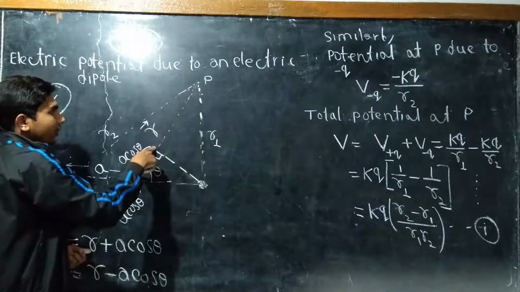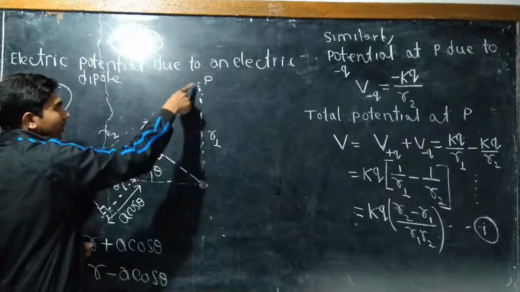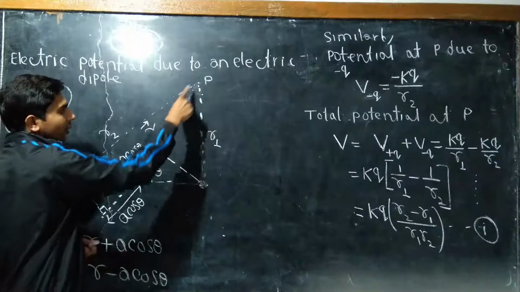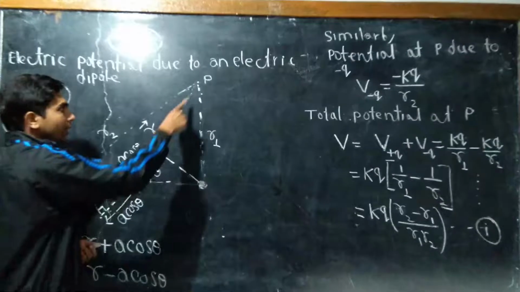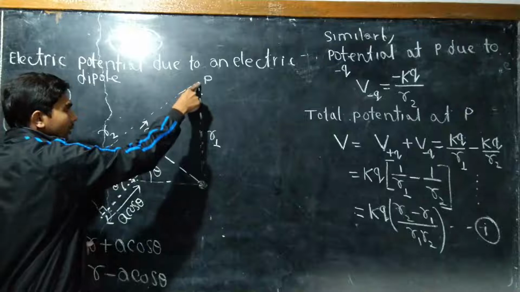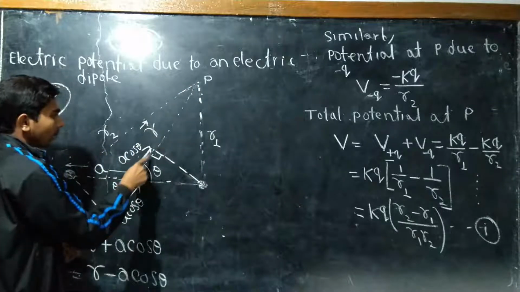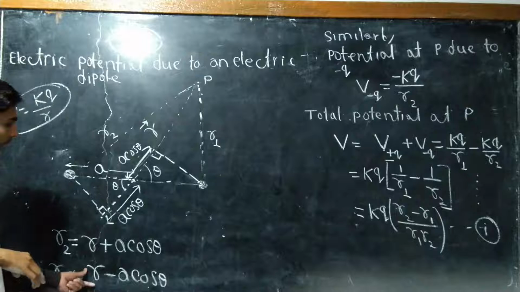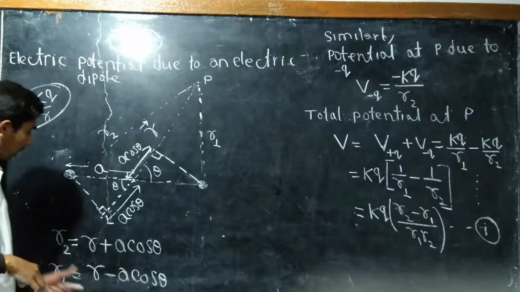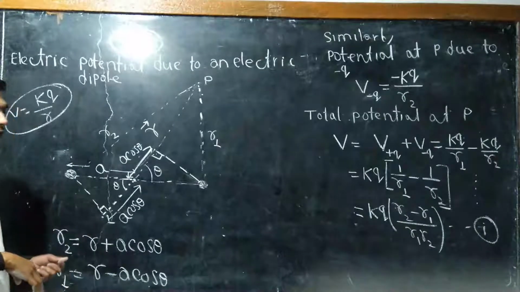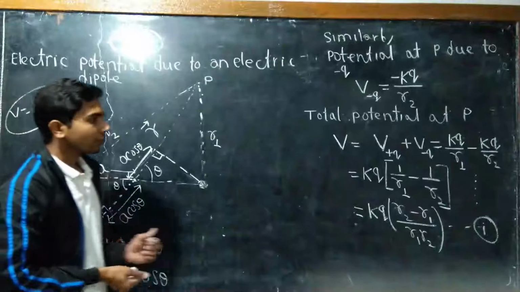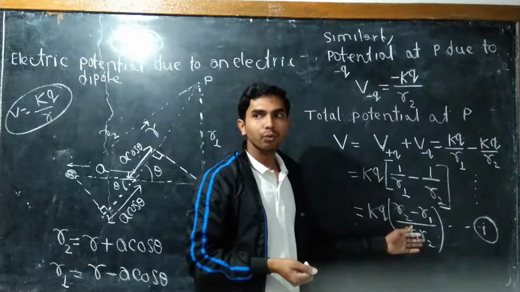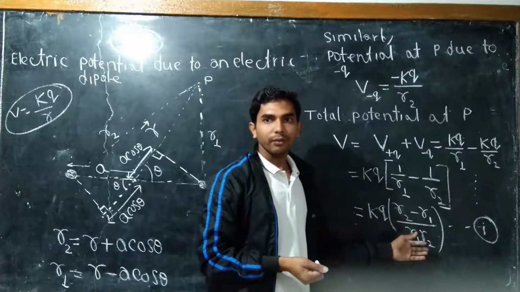Now this length we are going to find, just see my finger, here to here is basically this length minus this length. So that's why I wrote R minus A cos theta. Now R1 is known to you, R2 is known to you.